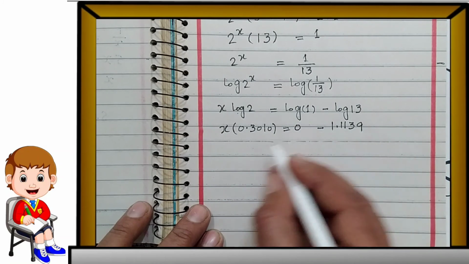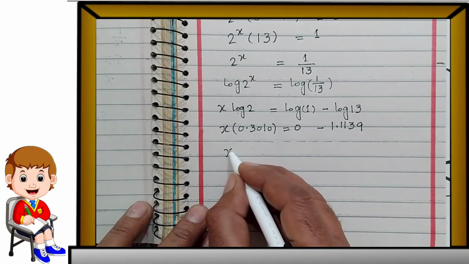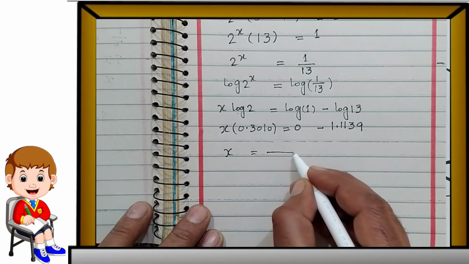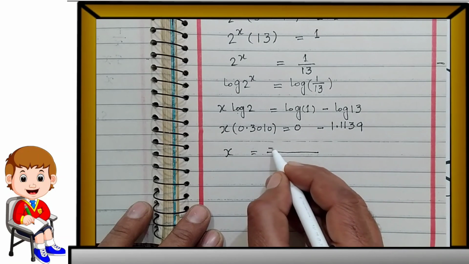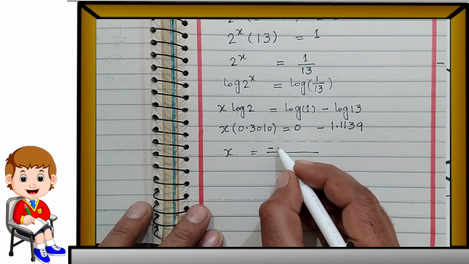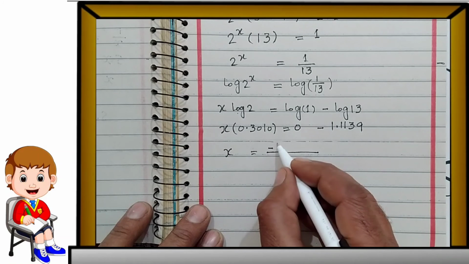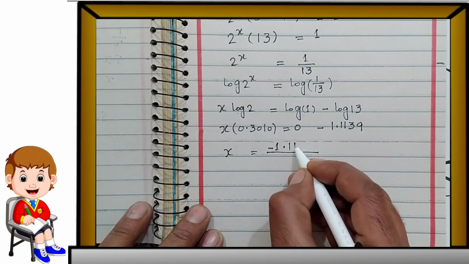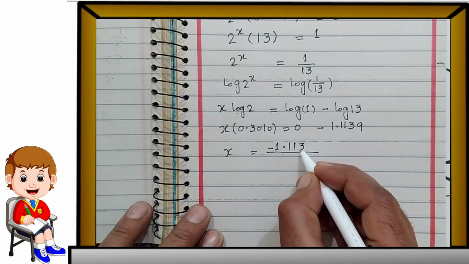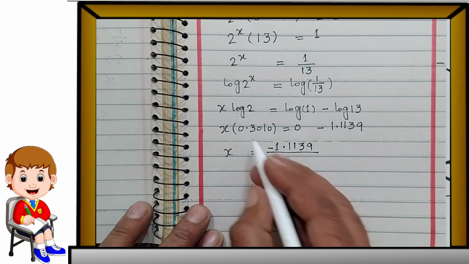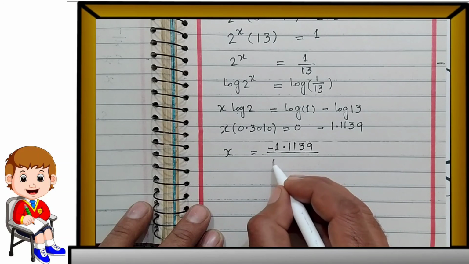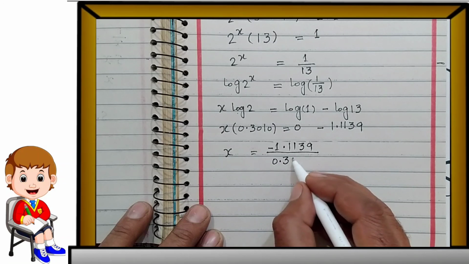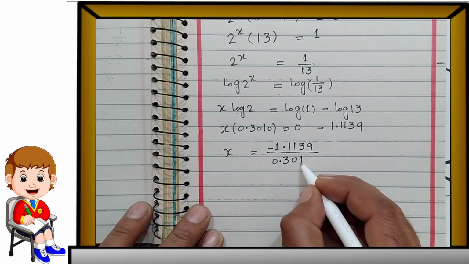Now 0.3010 is multiplying on the left side, it will divide on the right side, so minus 1.1139 over 0.3010.